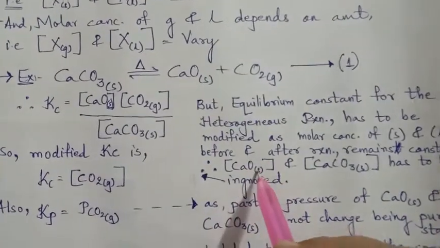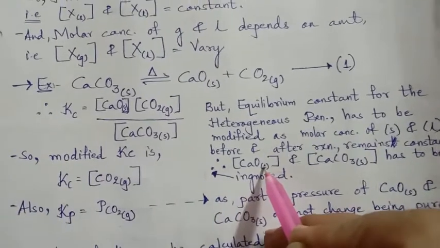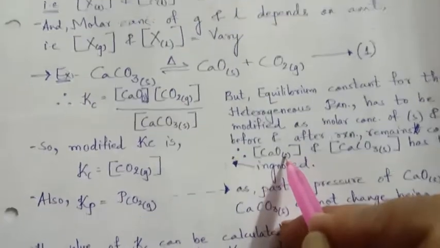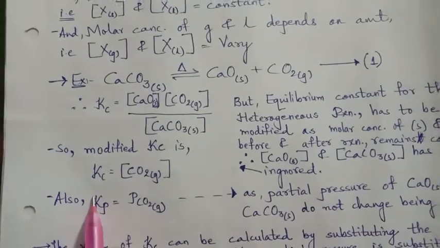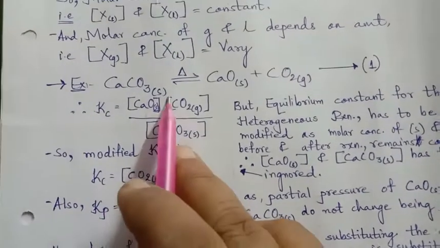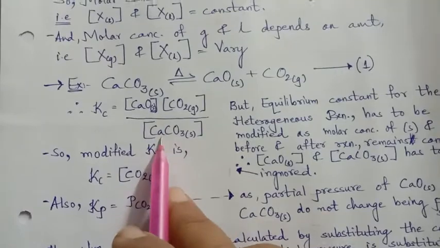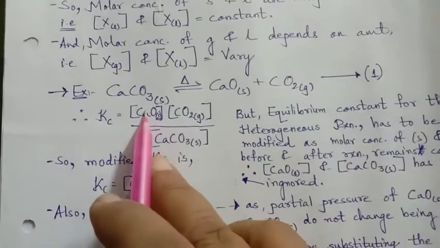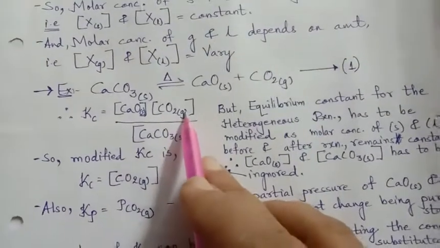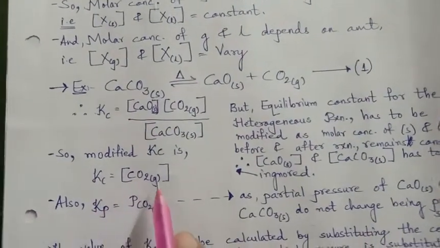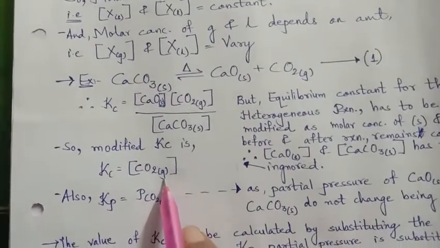And when they are ignored, the equilibrium constant will be modified. Their concentrations are constant, so there is no need to take their ratio. So here Kc is equal to CO2 in gaseous form.